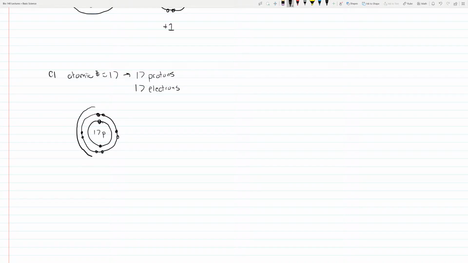We add our third shell: 1, 2, 3, 4, 5, 6, and here's our 7th one. You see right here, we have space for another electron. So we have an unfilled valence. We have a reactive atom and kind of an unstable atom. So we have two options here.